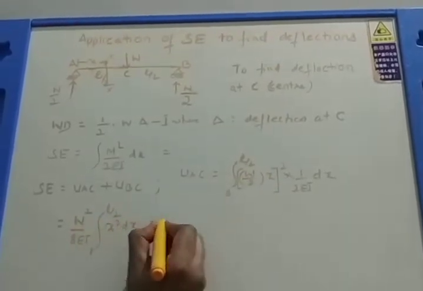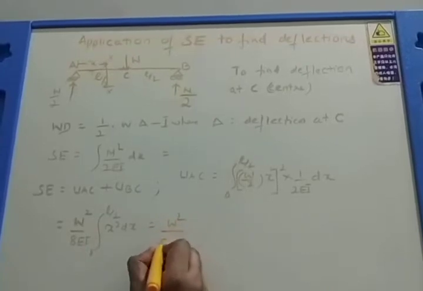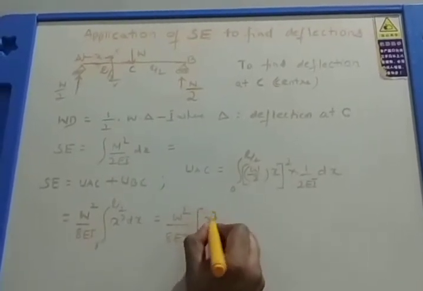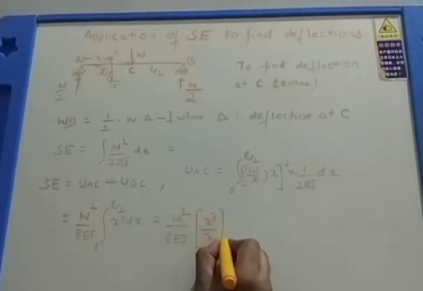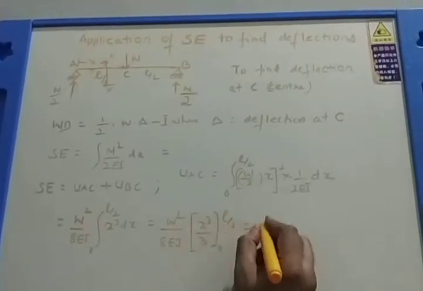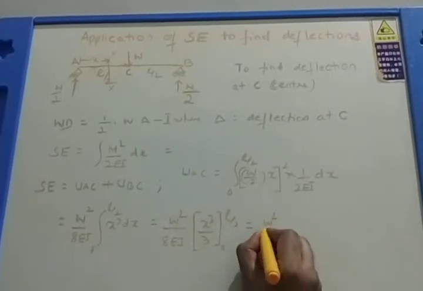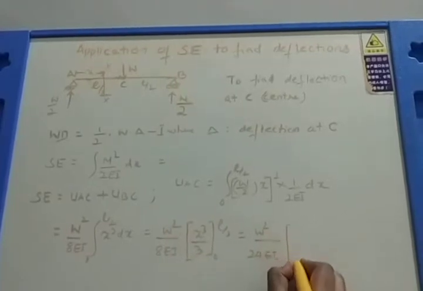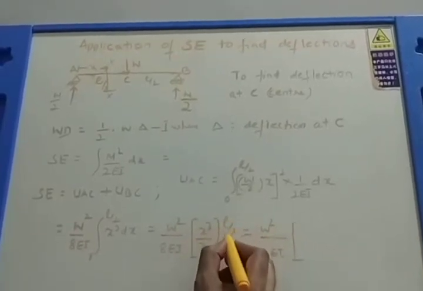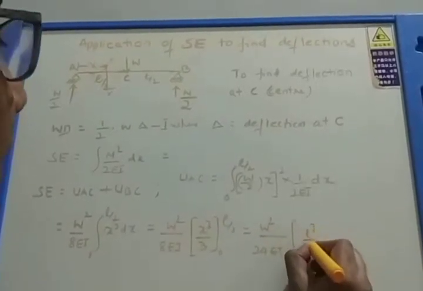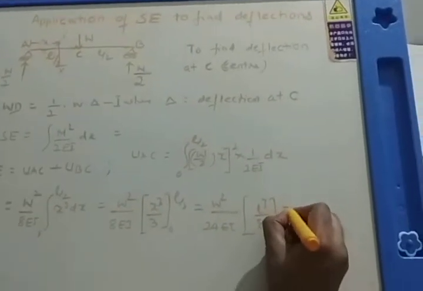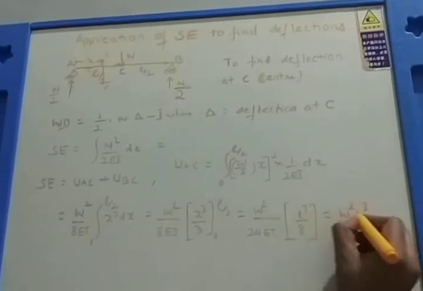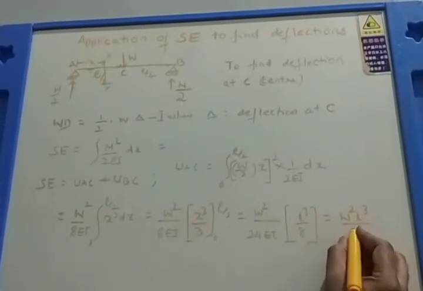So if you simplify, W square upon 8EI, x square integration is x cube by 3, 0 to L by 2, or W square upon 8 into 3 is 24EI, x cube, the upper limit is L by 2, so it is L cube upon 8. So if you simplify this, the strain energy that you are going to get is W square L cube upon 192 EI.